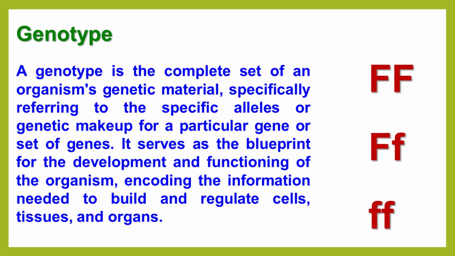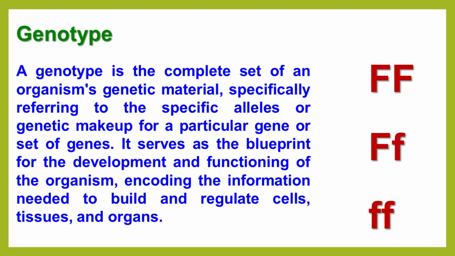In simple terms, the genotype is an individual's genetic makeup. It represents the alleles that the individual has inherited from their parents. By naming the alleles, the genotype of an individual consists of the two alleles they have inherited from their parents.